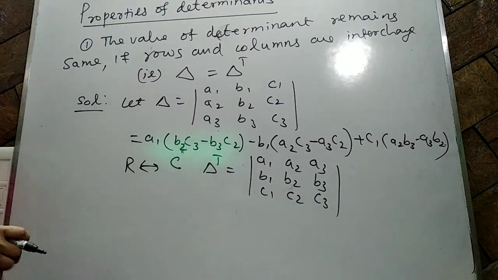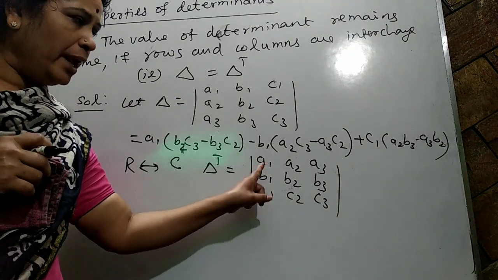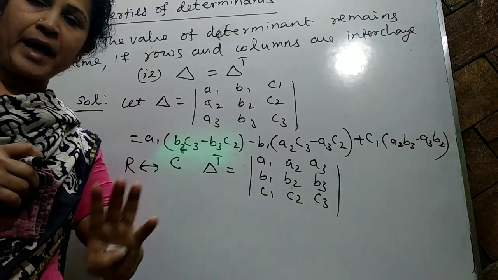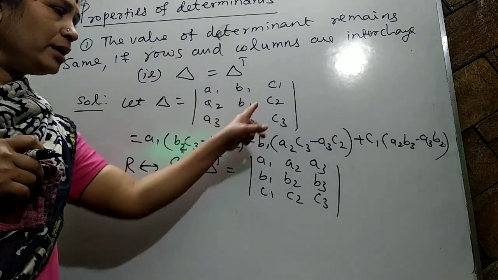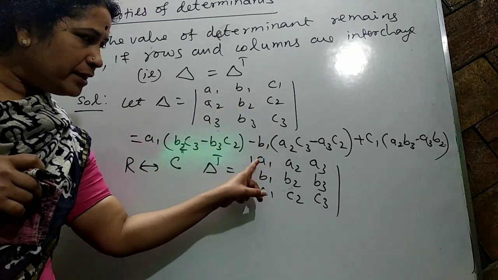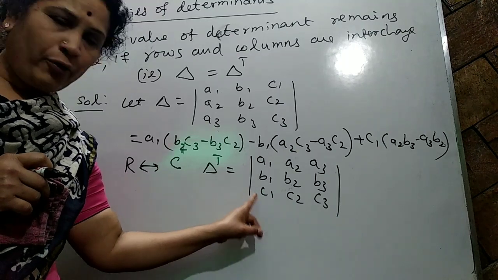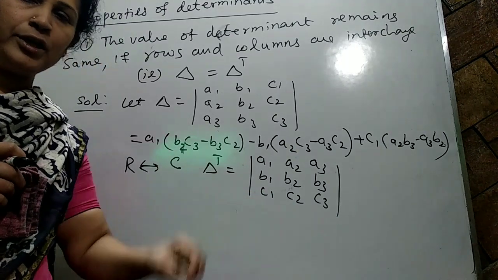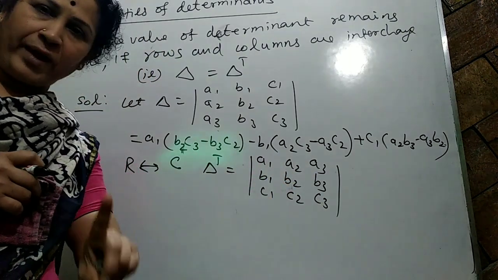But already I told you one concept: I can open this determinant with the help of row or column. The answer is the same. So here I expand using R1, the same elements A1, B1, C1. Where is it here? A1, B1, C1 in column C1. With the help of C1 you open the determinant, very immediately you will get the answer. Either if I use R1 or C1, the value is the same.